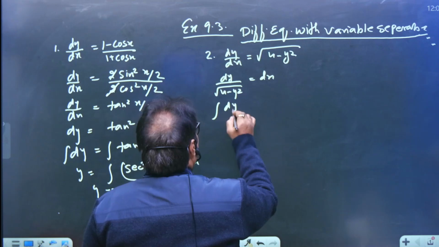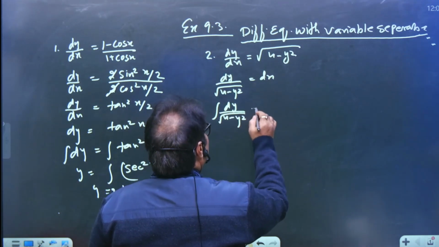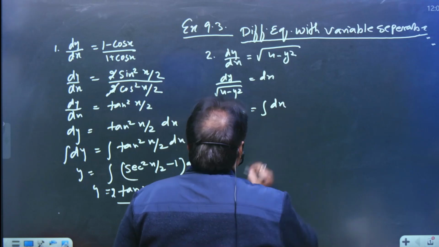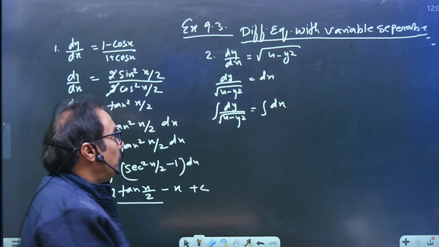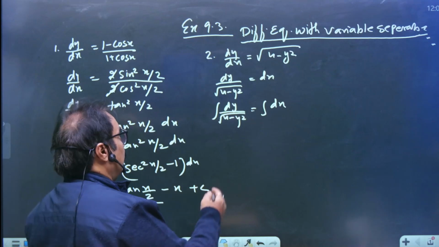So integration of dy upon root over 4 minus y square is equals to integration of dx and this is the form of dy upon root over a square minus y square.